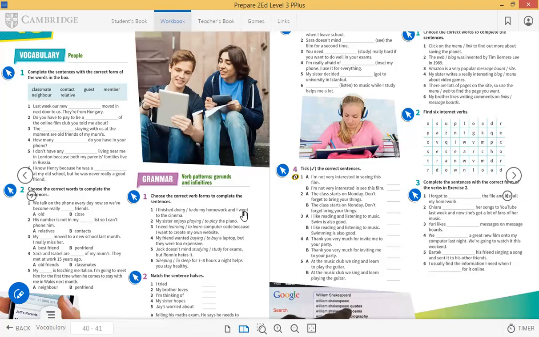Yes, teacher. Okay, great. So right there you have an image of these two teenagers. What are they doing? Are they playing basketball? Are they sleeping? What are they doing?